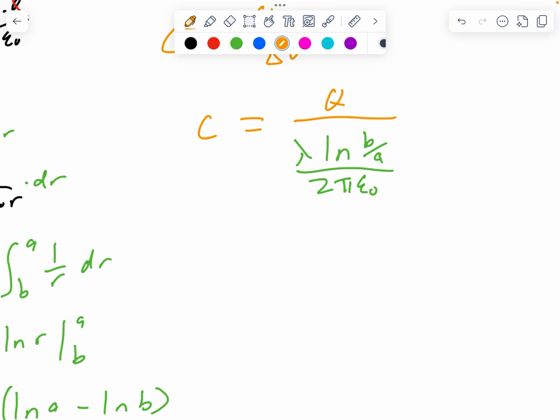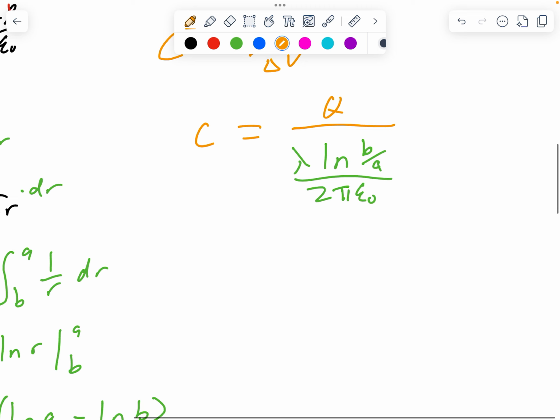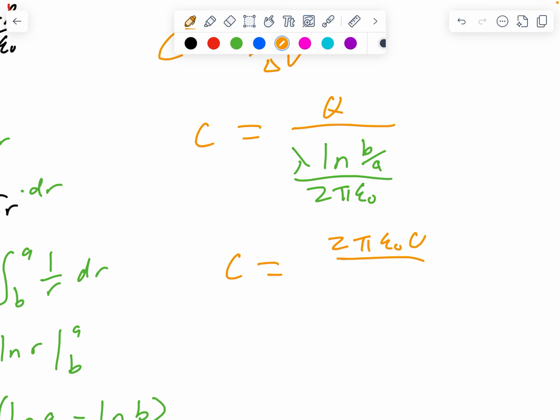I'm going to clean up a little bit before I start dealing with that lambda and that Q, because that's really the next part, figuring out how to get the Q and the lambda out of there. But first things first, I get 2 pi epsilon naught over, don't forget that Q, over lambda times ln of B over A.